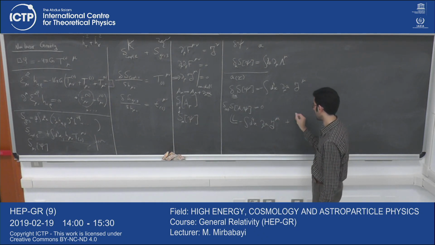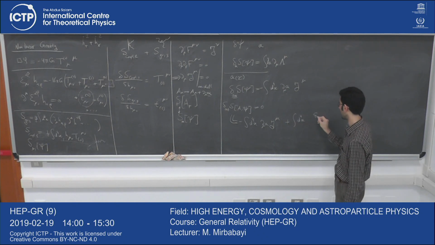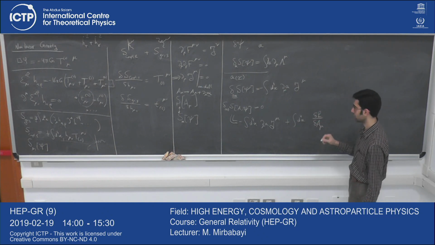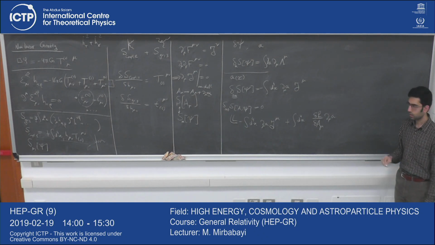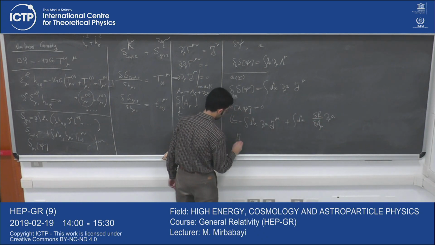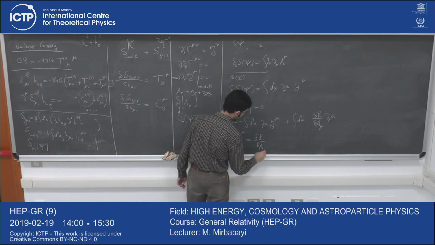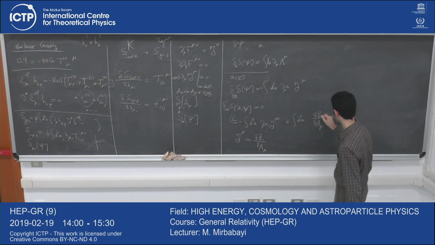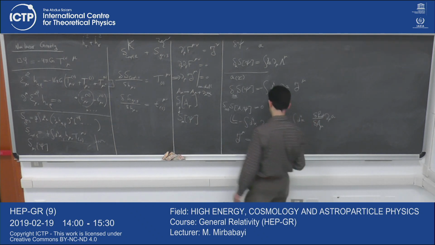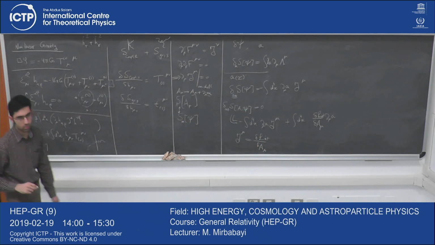And then there has to be some other part which comes from the variation of whatever Lagrangian coupling I wrote with respect to A mu, times the change of A mu, d mu A. So we want these two to cancel, which means that the current has to be the derivative of this interaction, let's call it the interaction, with respect to A mu.